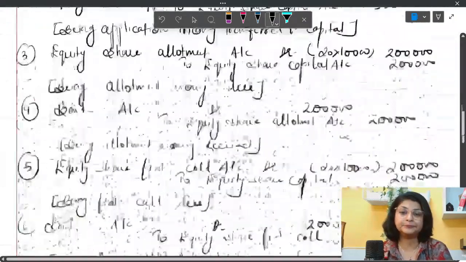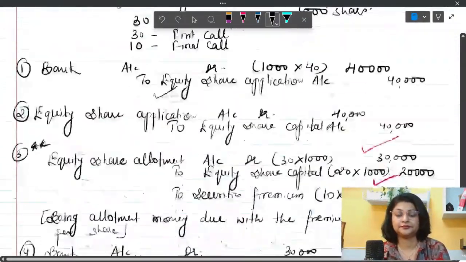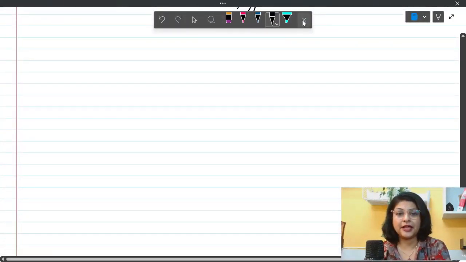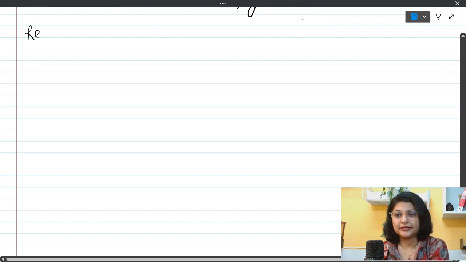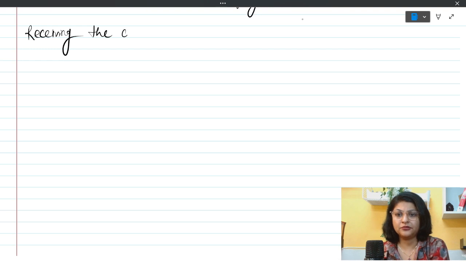So let's see. You can write down the heading: receiving the amount from public in lump sum.